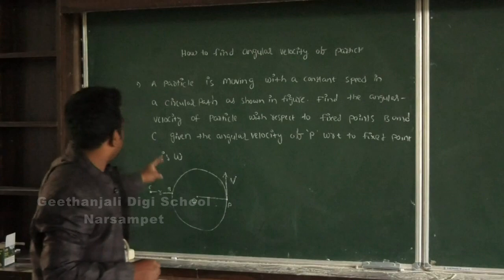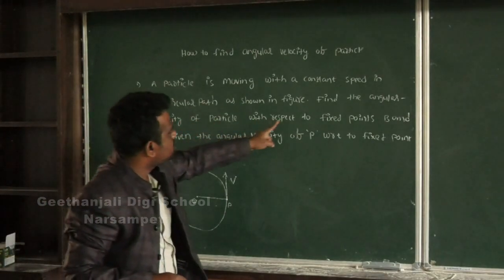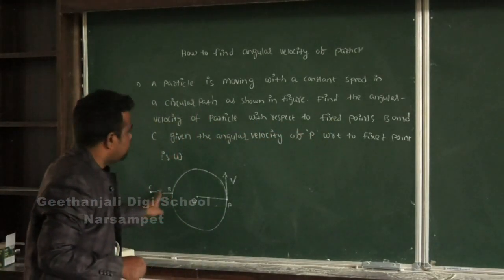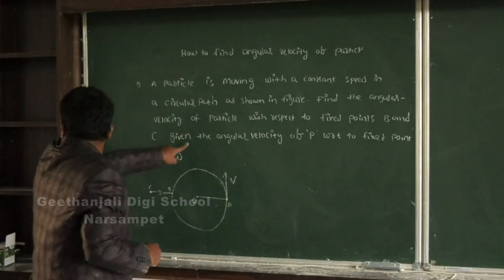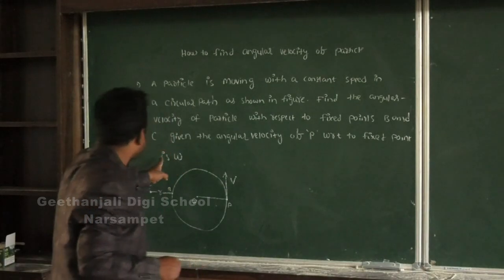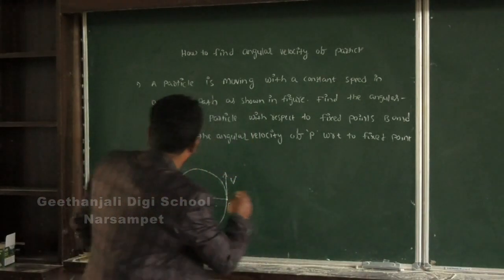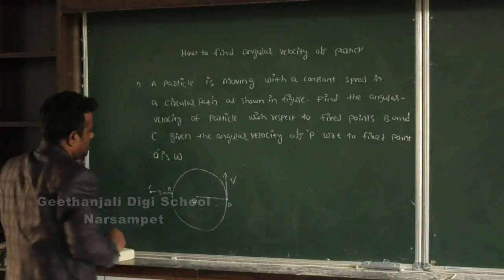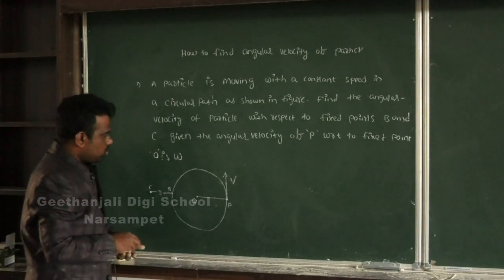Find the angular velocity of the particle with respect to the fixed points B and C, given the angular velocity of P with respect to the fixed point O is omega. So what is given?